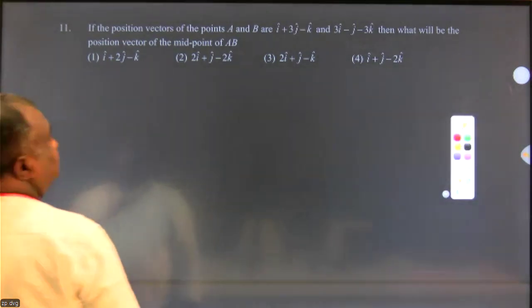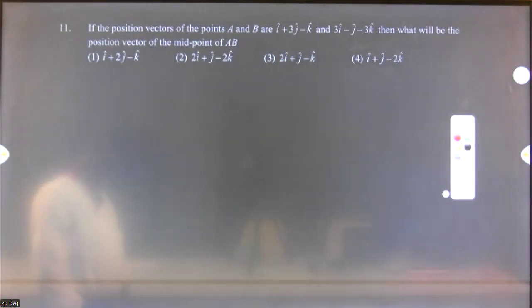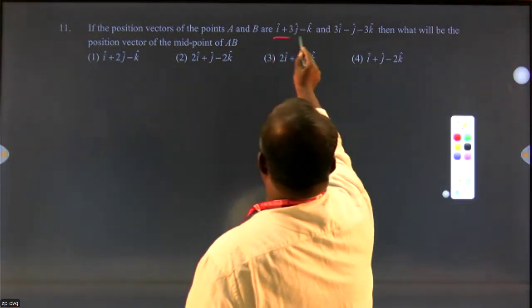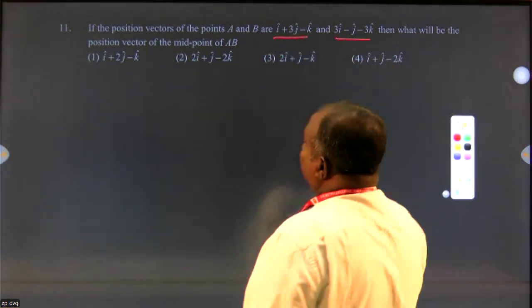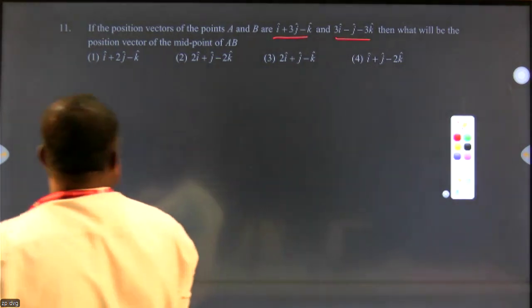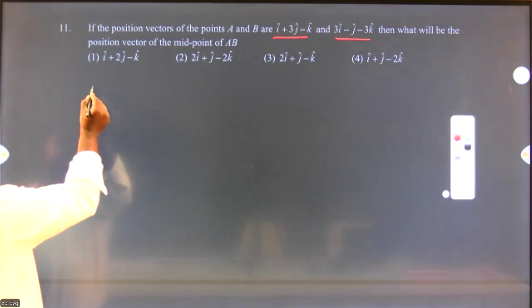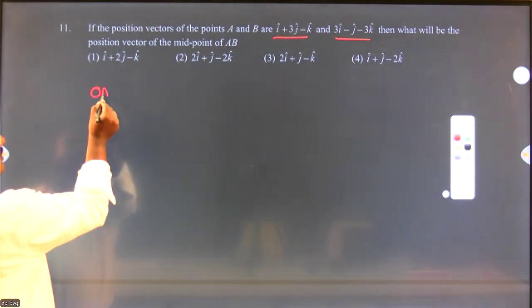Observe there, the position vectors of points A and B are given as two vectors. Then what will be the position vector of the midpoint of AB? Same, just now we discussed. The position vector of A is OA bar, what is given?